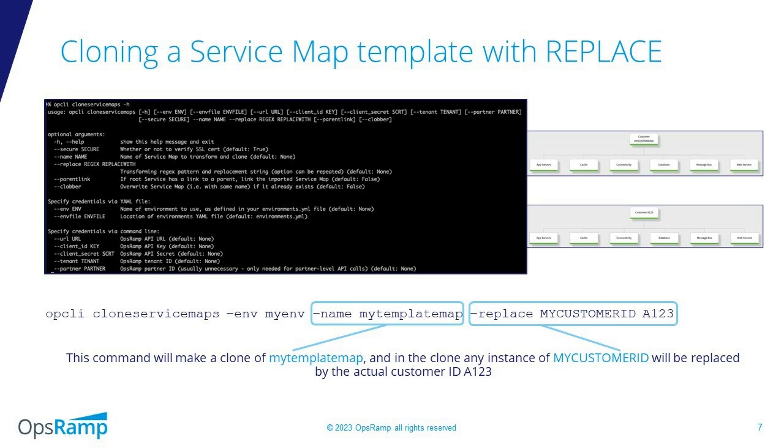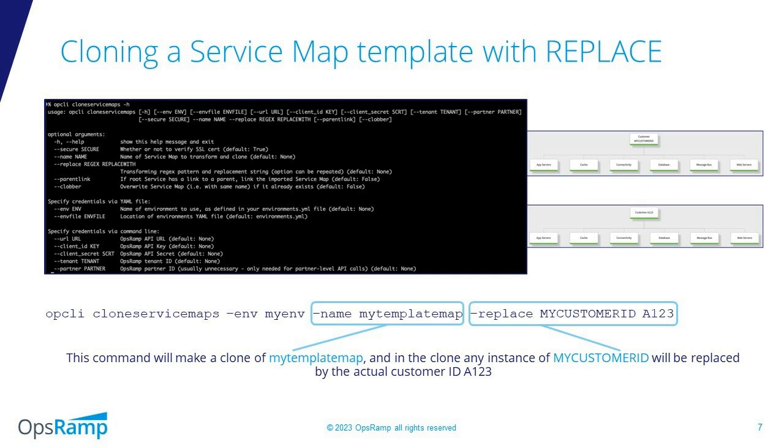Now, not only does it clone, though, in addition to cloning a service map name that you give it, there's also an option in it to replace one or more strings with a string of your choice. So this is basically a pattern that we put in our template called my customer ID.